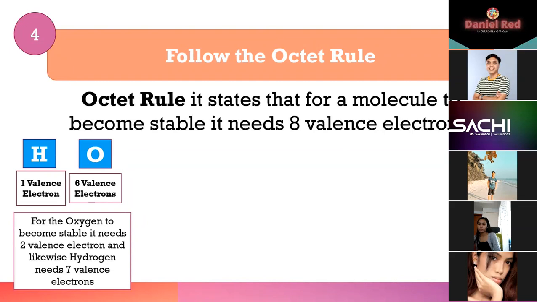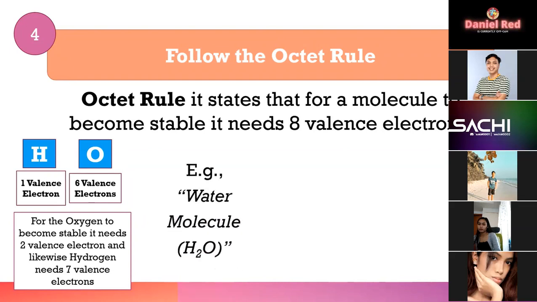Okay? So let's move on to the presentation. We have this particular example, which is the water molecule and the oxygen. Of course, in the Lewis structure, you can see the 6 dots representing the valence electrons. And of course, you have the hydrogen atom and another hydrogen atom.